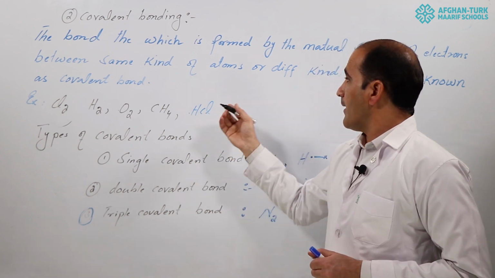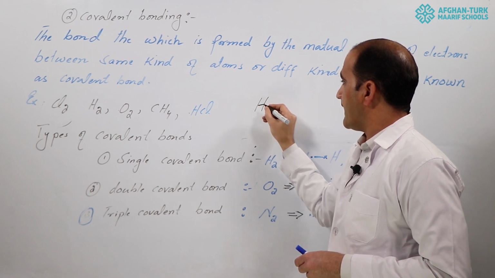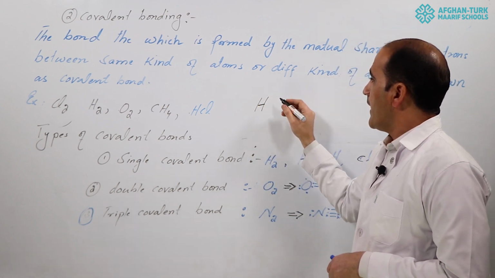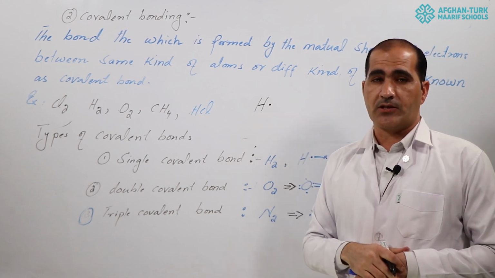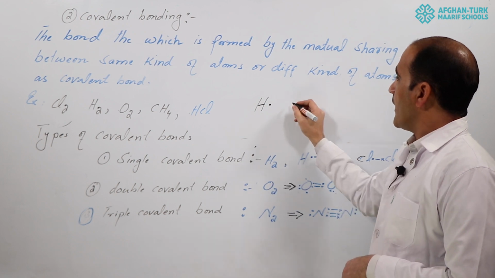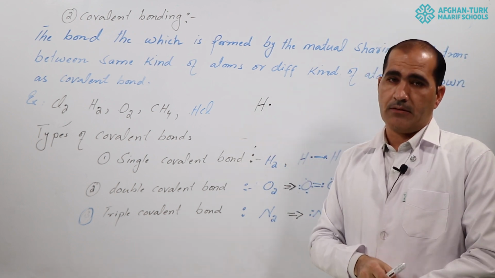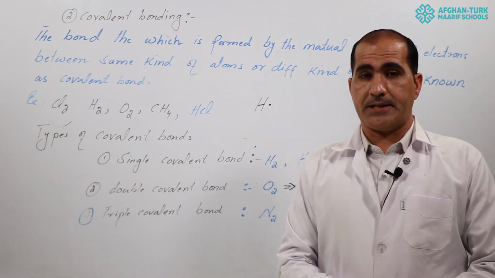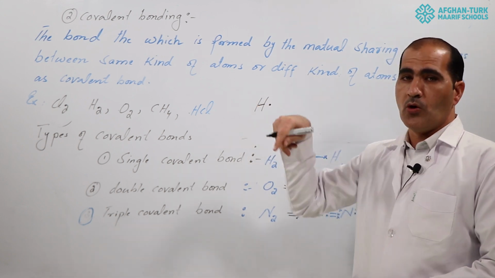Here I'm going to give you a simple example. You know about hydrogen, and the atomic number of hydrogen is 1. It means in the last shell of hydrogen we have only 1 electron. This atom of hydrogen is right now unstable. It will become stable when it gains 1 more electron.